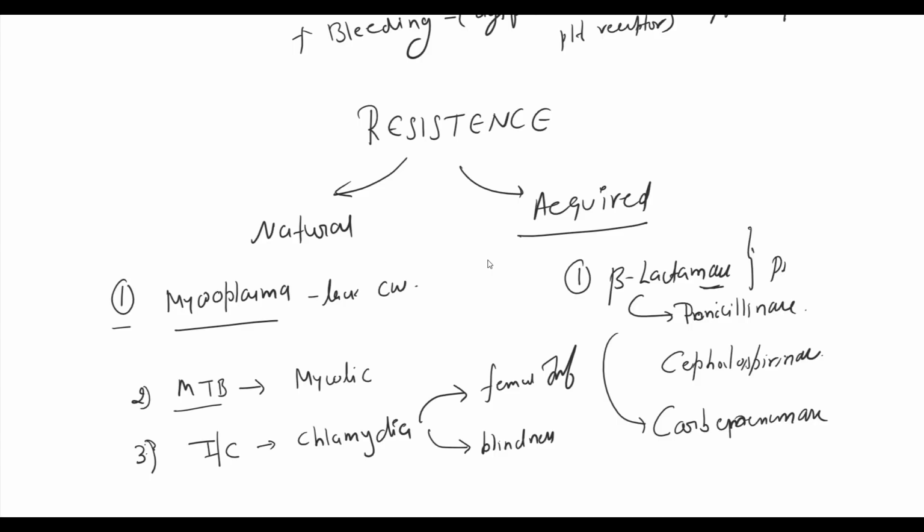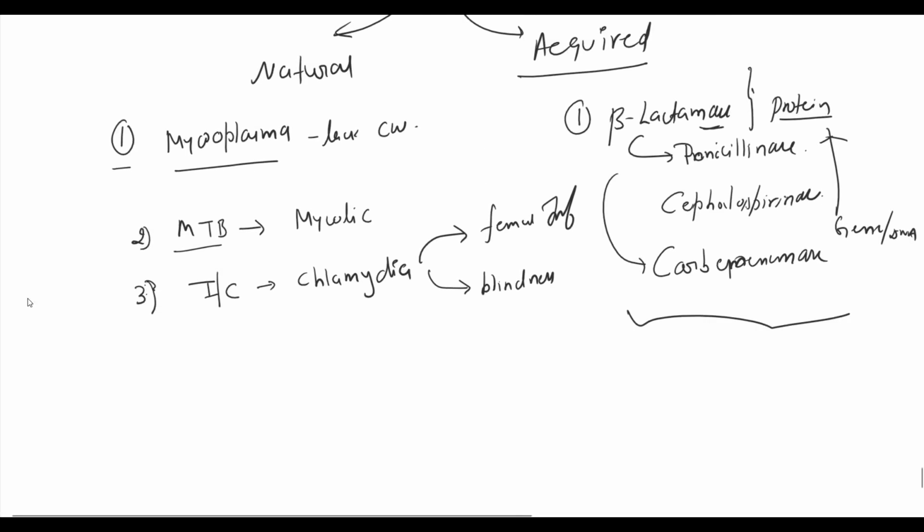Since an enzyme is a protein and protein is formed from translation of a gene or DNA, production of beta-lactamase is either mediated by chromosome or plasmid. Plasmid-mediated cross-resistance is more dangerous to the community because bacteria can transfer the resistance mechanism to non-resistant bacteria with the help of conjugation.